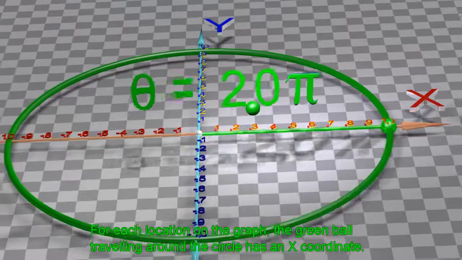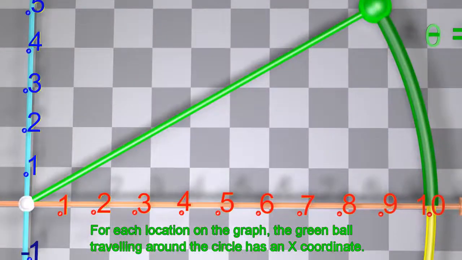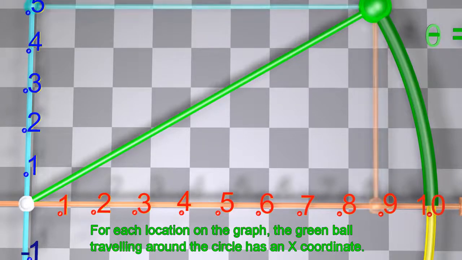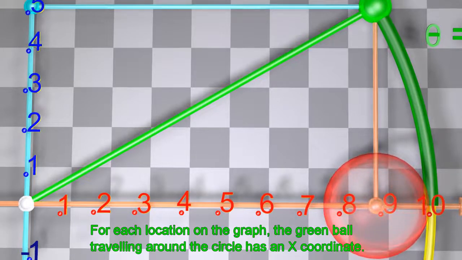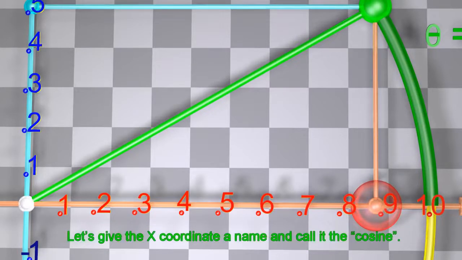For each location on the graph, the green ball traveling around the circle has an x-coordinate. Let's give the x-coordinate a name and call it the cosine.